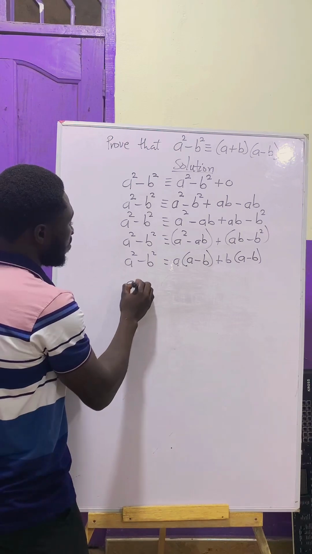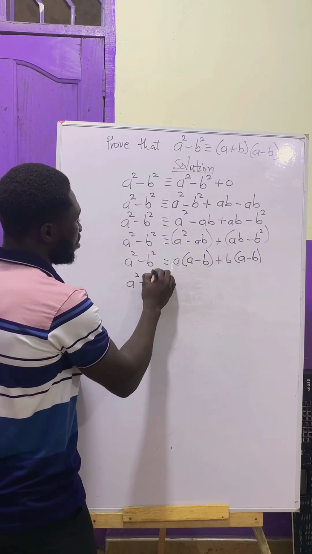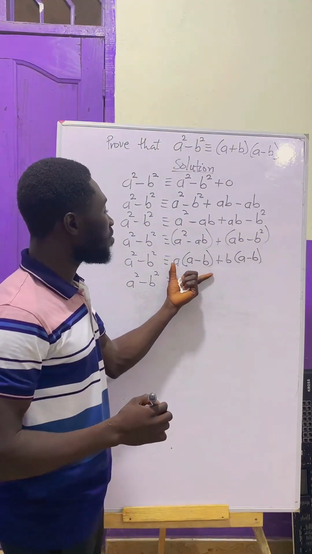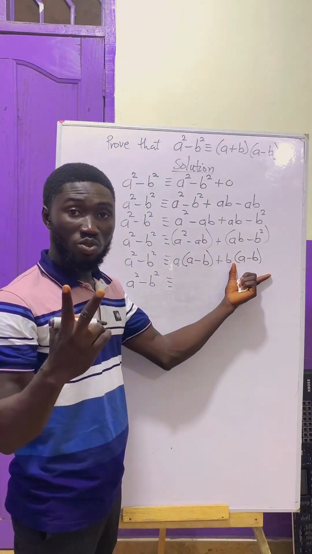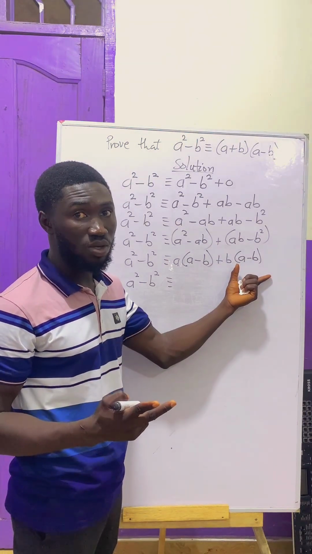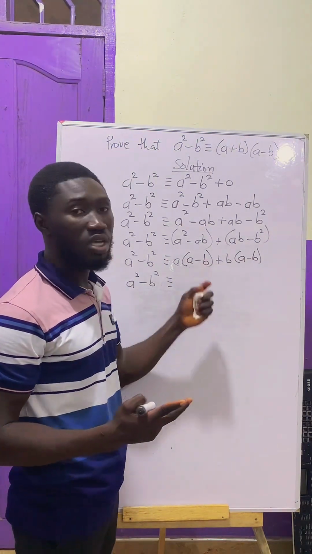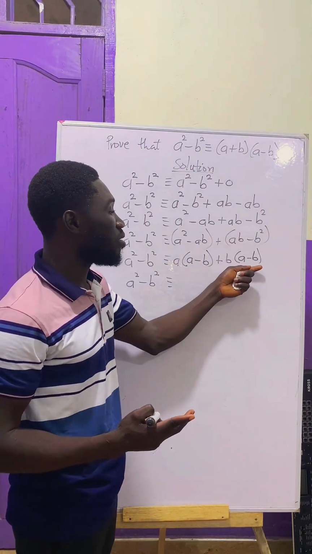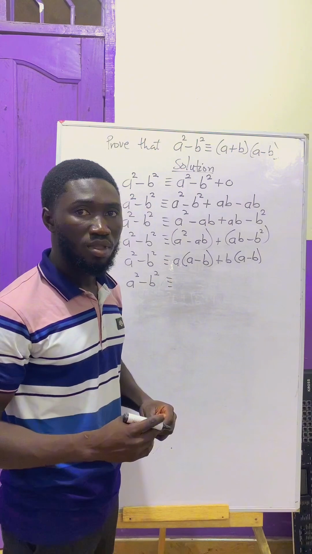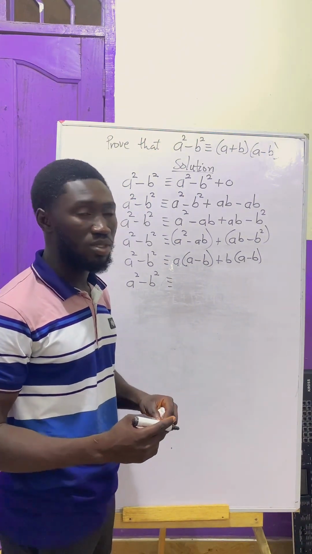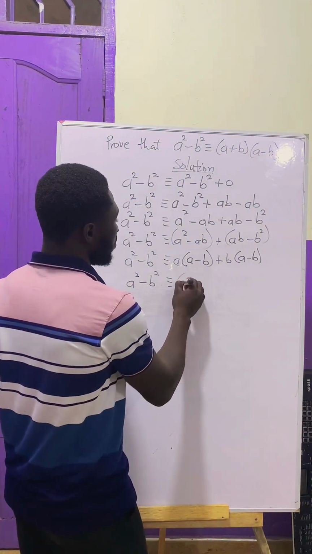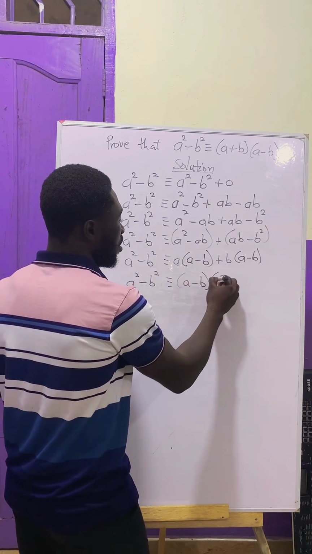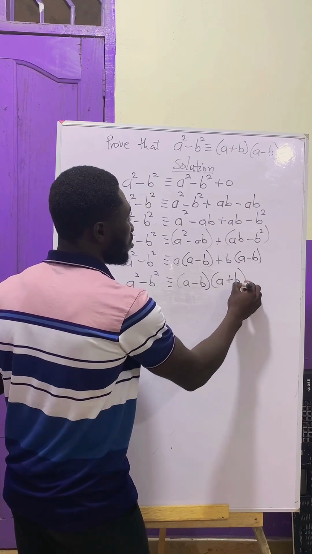Now let's see. We have our a squared minus b squared, which is identical to this term and then this term. For these two terms too, there's a common factor we can factor out. We can factor a minus b out, because with the first term we have a minus b, and this term too we have a minus b. Therefore we can factor a minus b out, and we'll be left with a plus b.